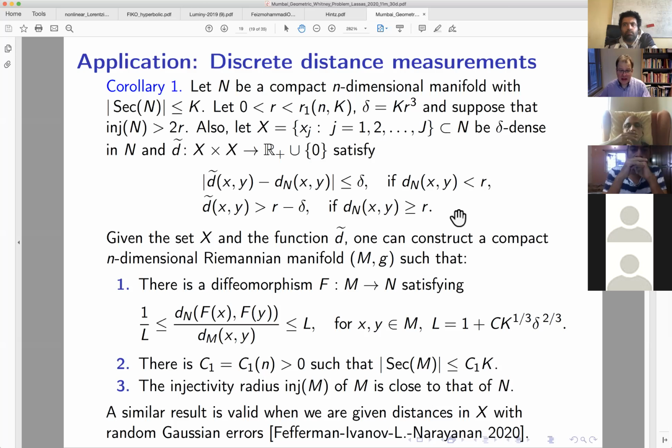Then, given this discrete set X and the approximate metric delta tilde on it, we can construct a compact, smooth Riemannian manifold with a metric g on it, such that there exists a diffeomorphism from the constructed manifold to the original one, so that we have this type of bi-Lipschitz inequality for the distances. So the ratio of distances is bounded by L and 1 over L, where L is 1 plus something small.